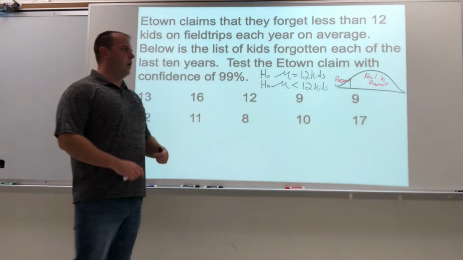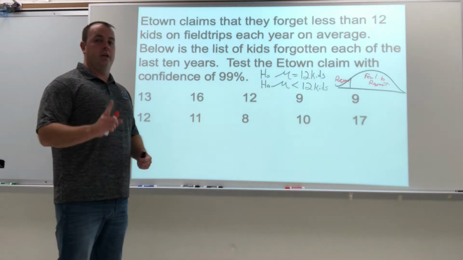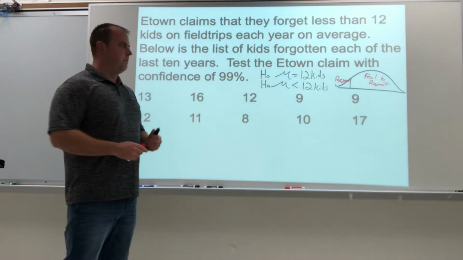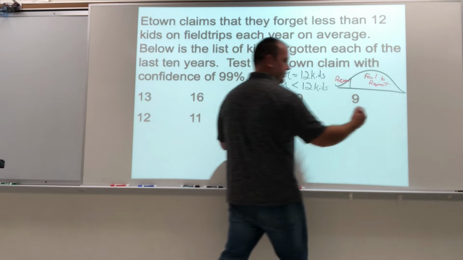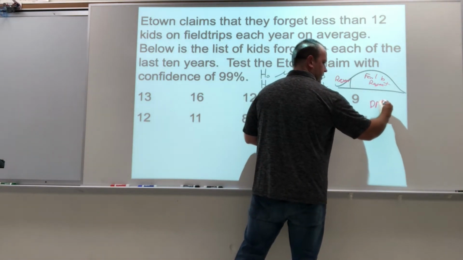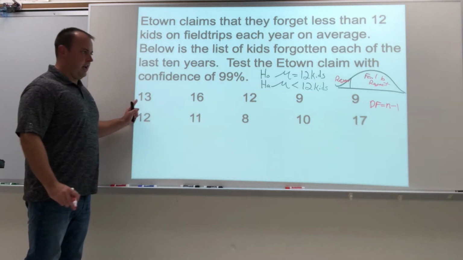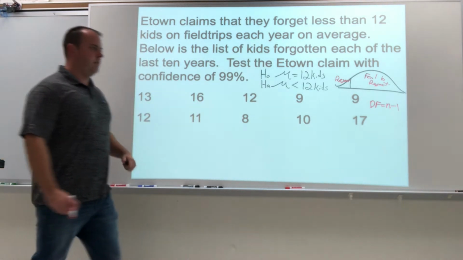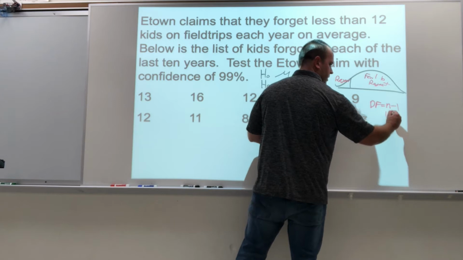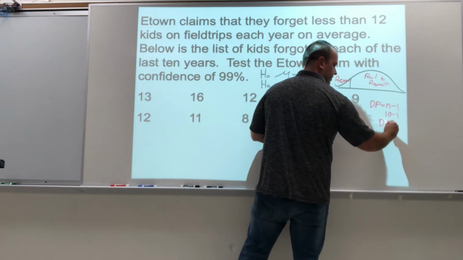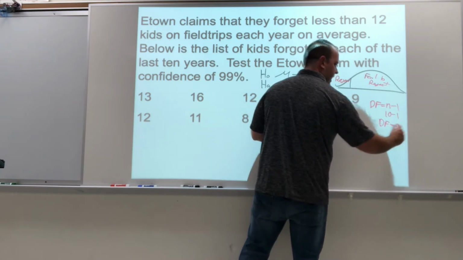Okay? So this is where now we're going to go to our chart. First, you're going to need your degrees of freedom. Okay, so right over here, degrees of freedom, n minus 1. Okay, we have our sample size of 10, so that means 10 minus 1. Degrees of freedom equals 9.